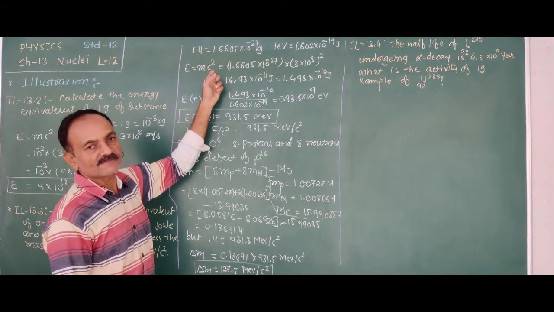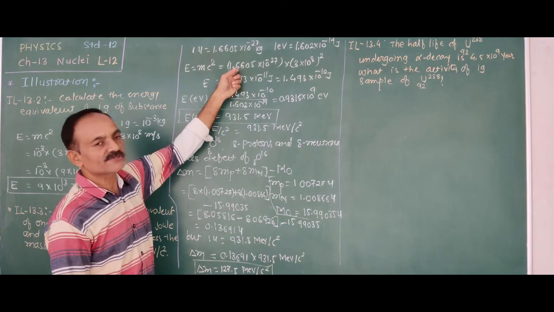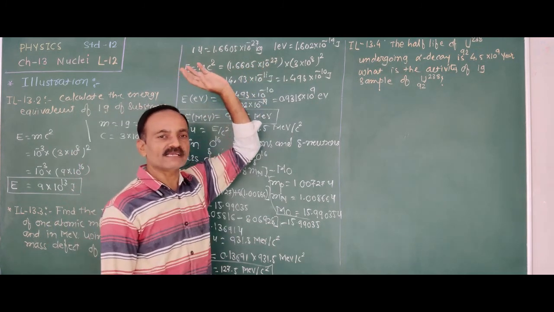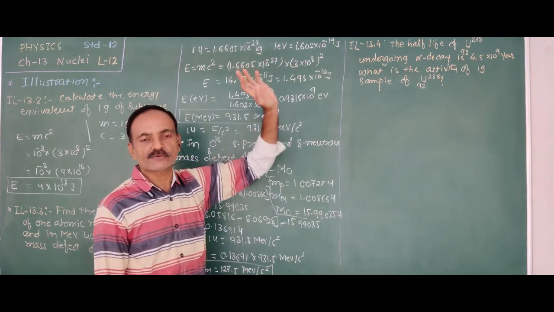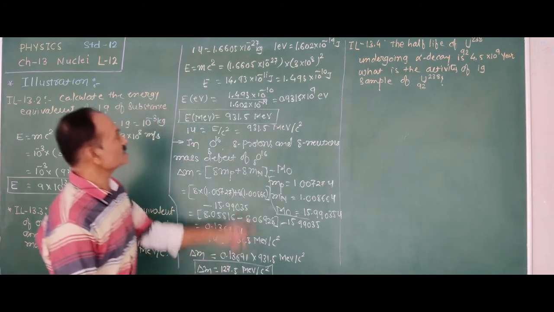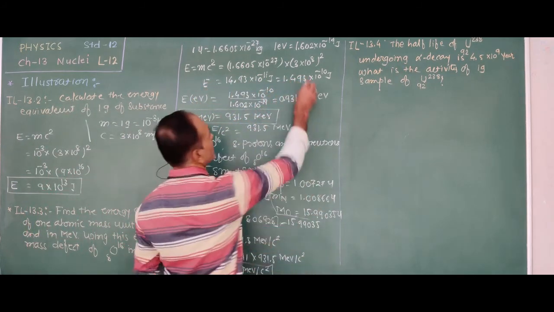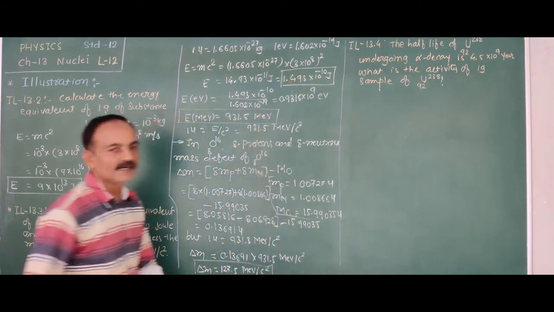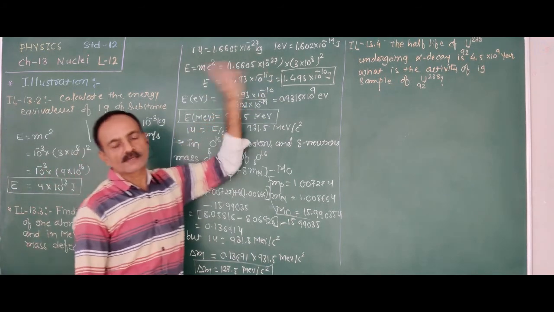Now E is equal to mc square. Substitute the value of 1 atomic mass unit, 1.6605 into 10 raised to minus 27 into c square. c is equal to 3 into 10 raised to 8. Thus we obtain E is equal to 1.493 into 10 raised to minus 10 joule.